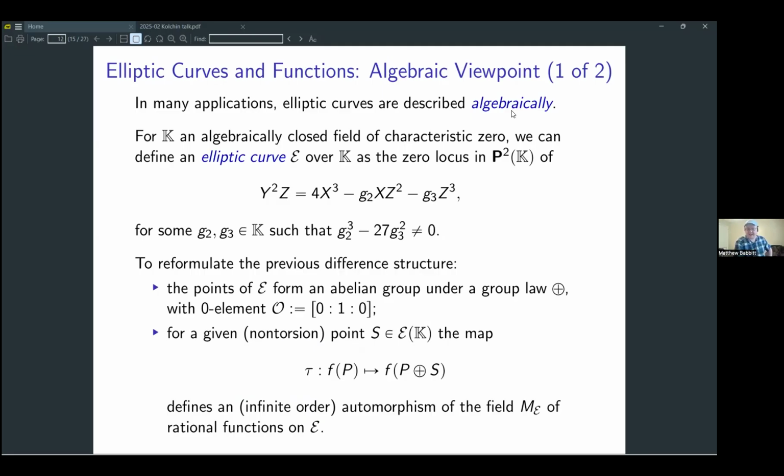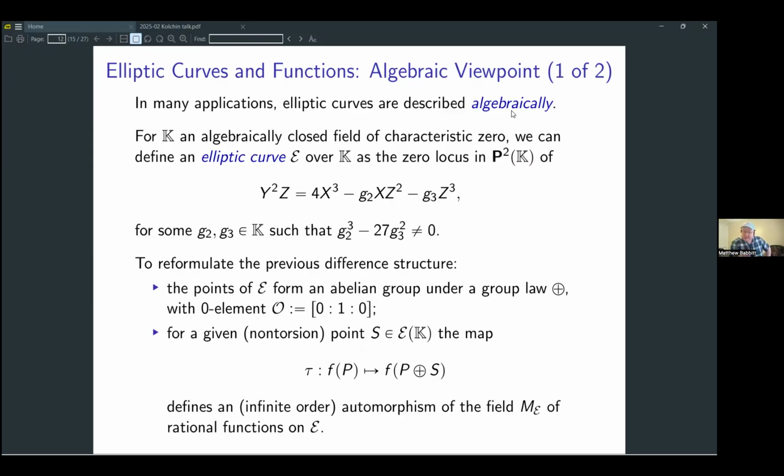So we're going to make K much more general here. We're going to define, well, rather, an elliptic curve over the field K is defined as the projective curve corresponding to this homogeneous polynomial, where G2 and G3 are constants in the field K.